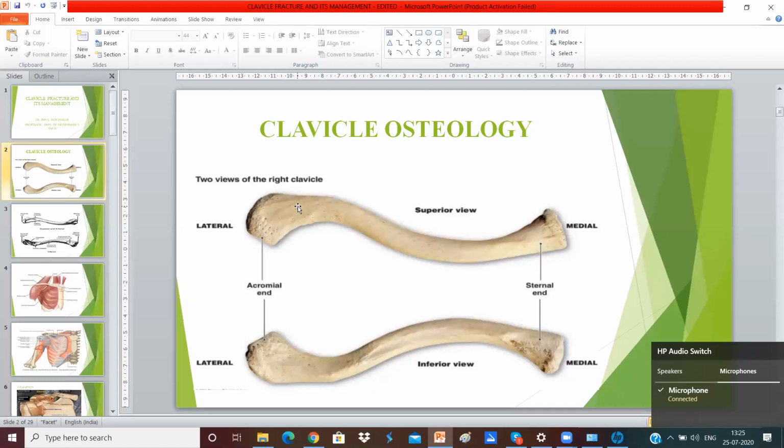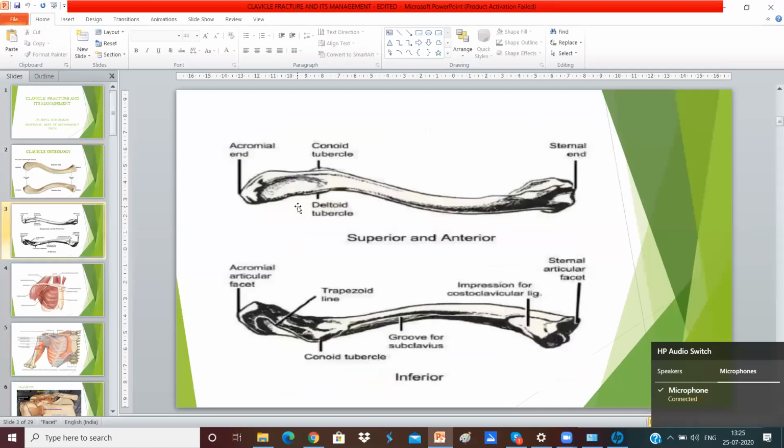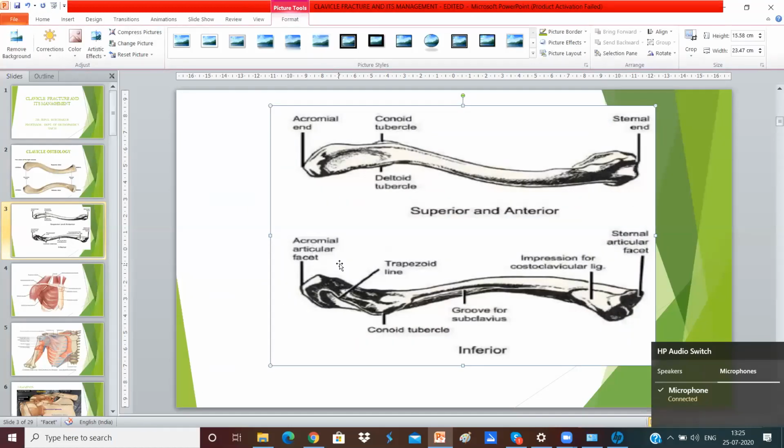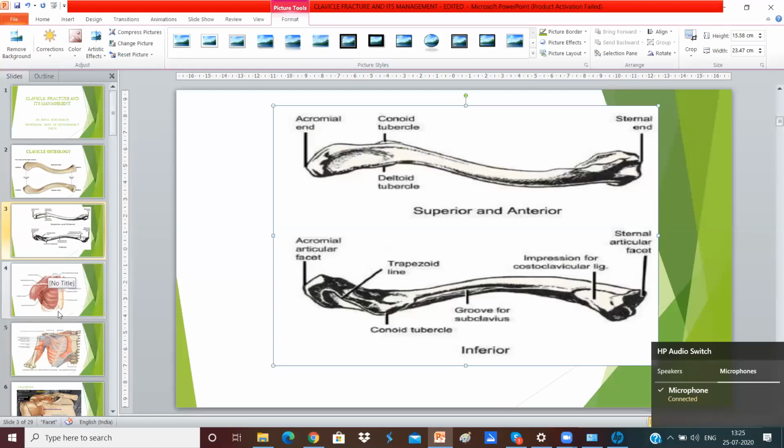So it is an S-shaped long bone placed horizontally, medially connecting with the sternum to form the sternoclavicular joint, and laterally it forms the acromioclavicular joint. So these are the ends which are very evident.